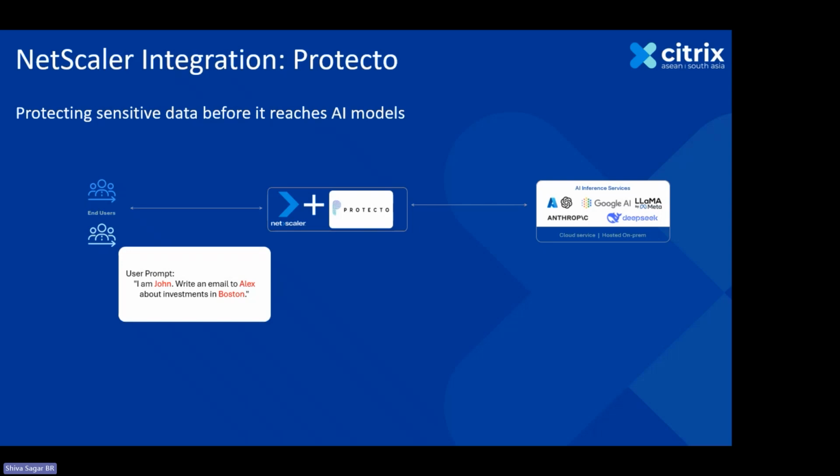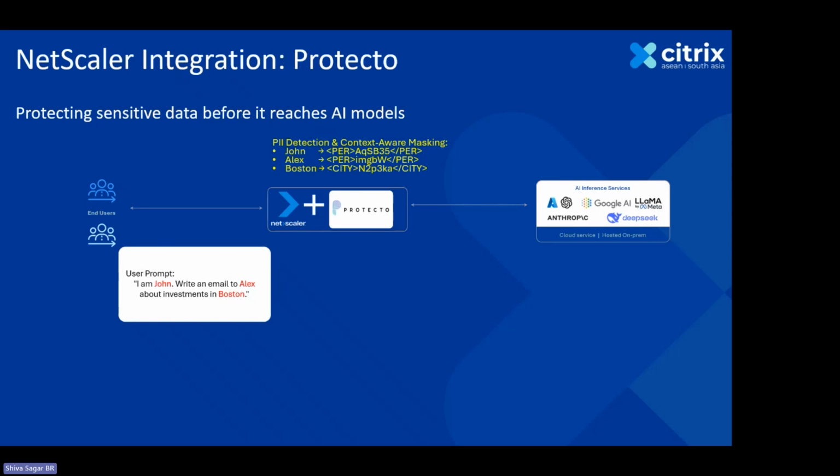We highlighted the PII information that is available in the prompt. Now, the way that Protecto integrates is again with HTTP callouts. When the request comes to the NetScaler, we perform an HTTP callout to Protecto, and that performs context-aware data classification and masking.